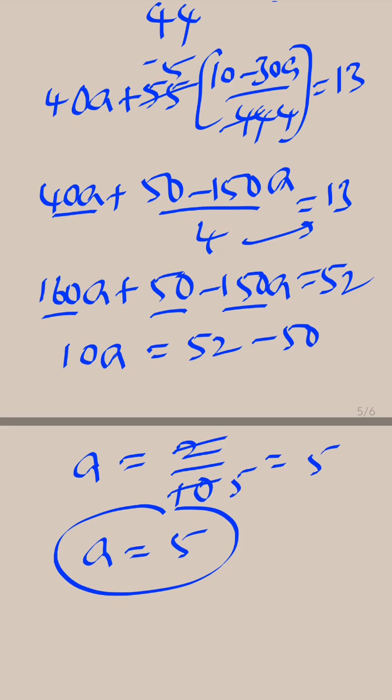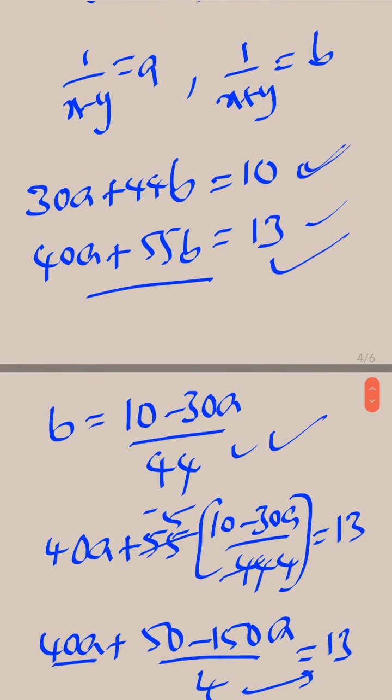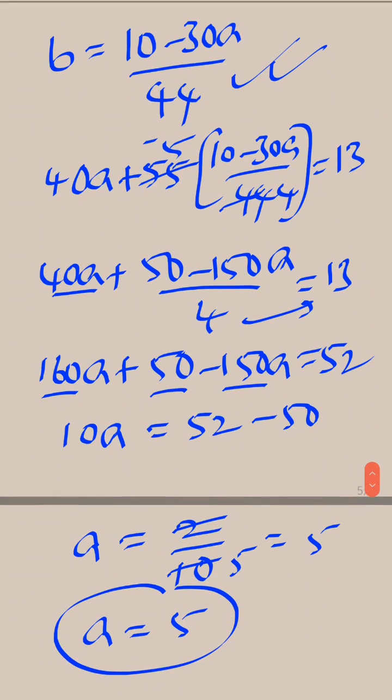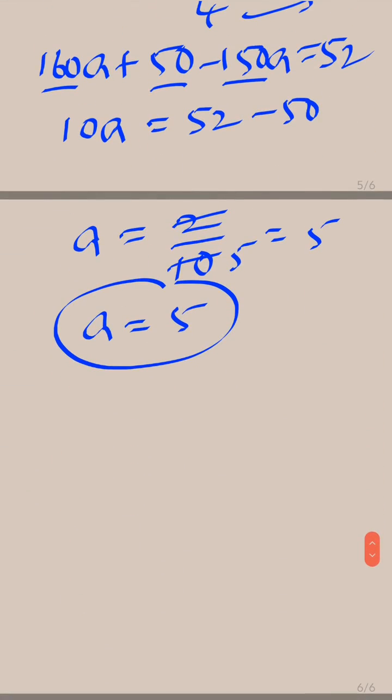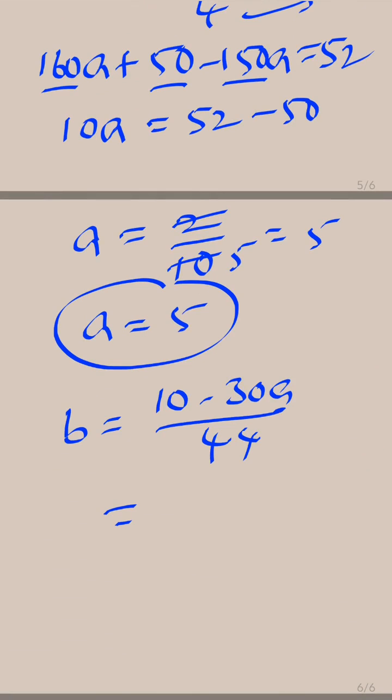So after getting a value, already b value we know this. Here b is equal to 10 minus 30a by 44. So in this, if I substitute a value, I'll get b value also.